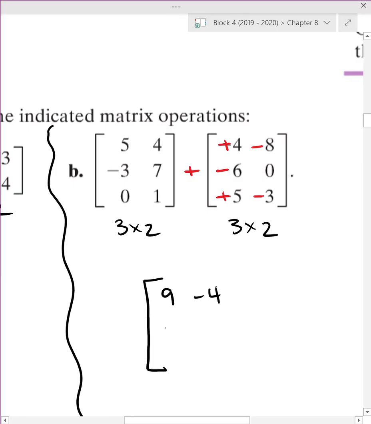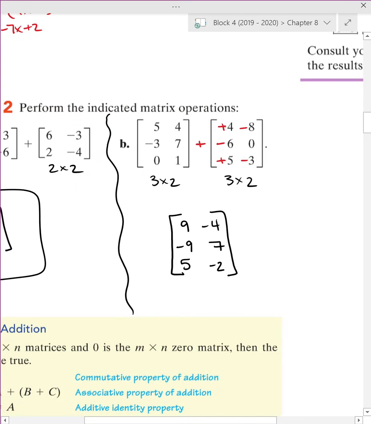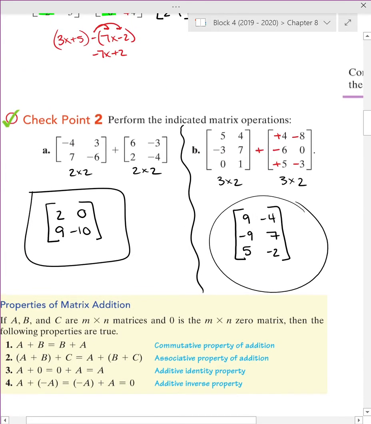Negative 3 minus 6 is negative 9. 7 plus 0 is 7. 0 plus 5 is 5. 1 minus 3 is negative 2. Okay, so that's adding and subtracting.